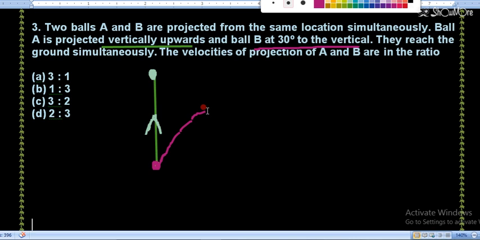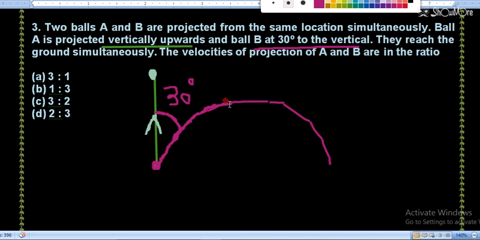So this can be the projectile motion of body B. Now it is making an angle of 30 degree with the vertical. This is the path of body B, and body A is just moving in the vertical direction. I am darkening this path.